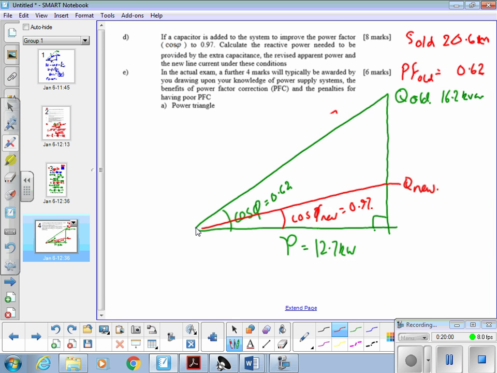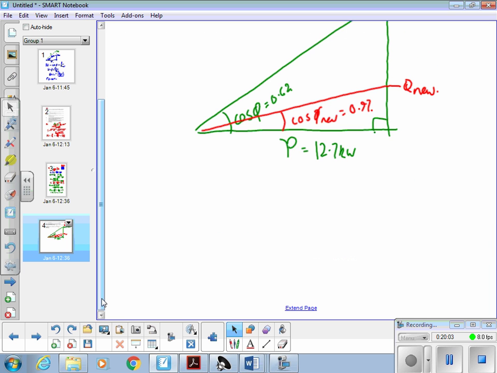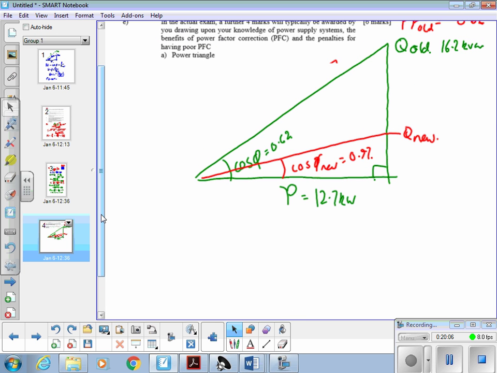To do that, and I'm probably doing a little bit more now than I've done in my worked answer sheet. Okay, because what we're going to do is provide some QC that's in that direction that effectively pulls this down. Can you see that that QC has to be Q old minus Q new, the difference between them two.